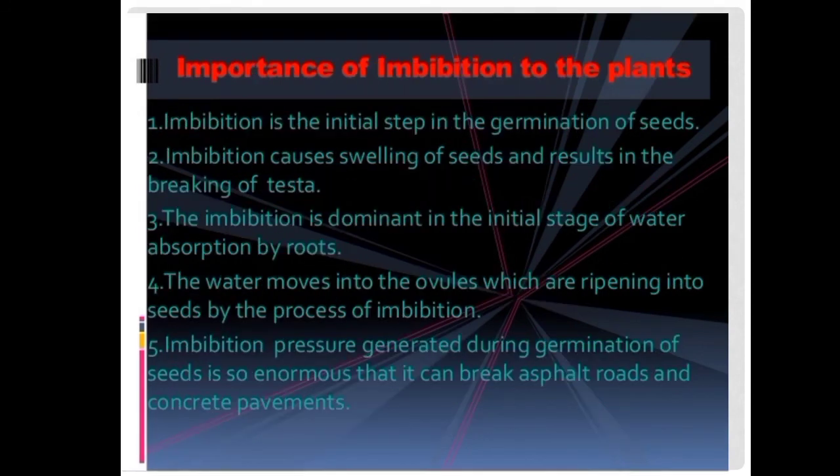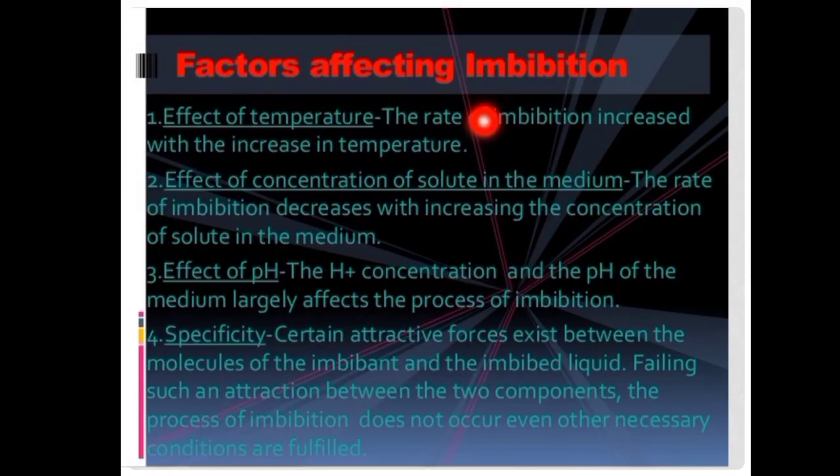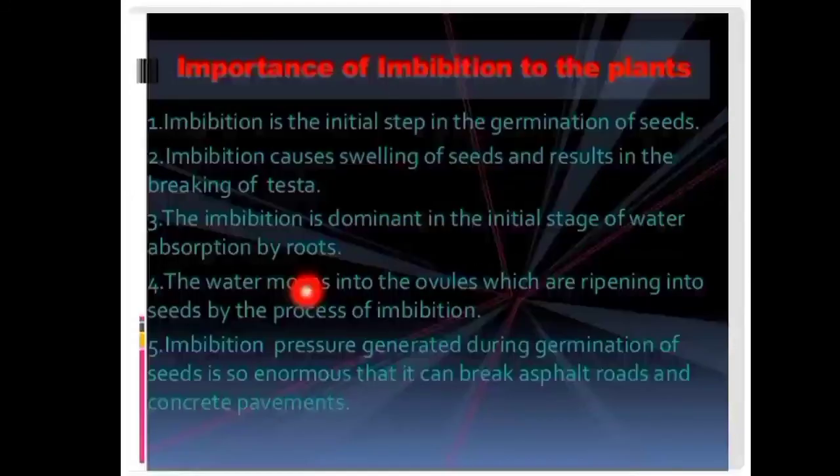Next, importance of the imbibition. So we know that imbibition is dominant in the initial stage of water absorption by the roots. Then the seed germination is initiated by the imbibition, and imbibition force is useful in adhering the water to the walls of the xylem elements. So it helps the xylem elements to carry the water molecules.